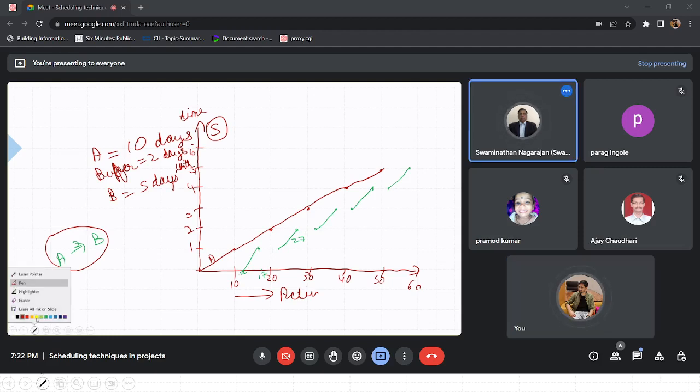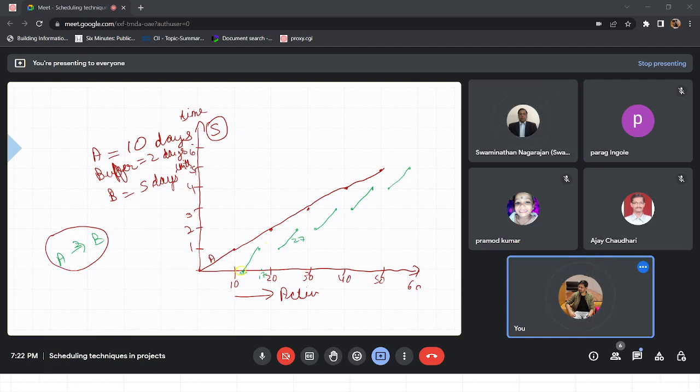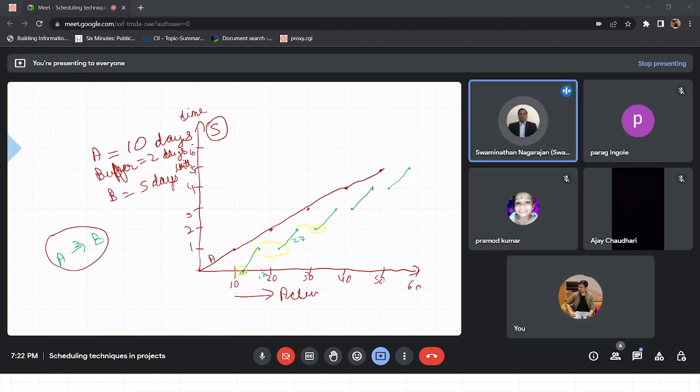Can you see it? I mean, you employed crew B here, then you released it here, then again you employed it here. Correct.